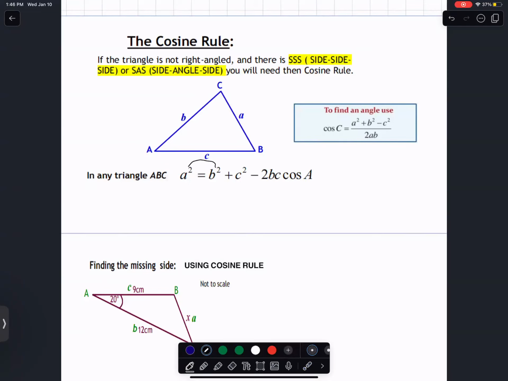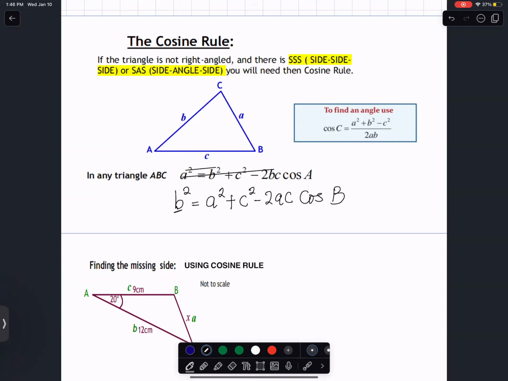We'll just switch places here. The B replaces your A, so I will have B squared is equal to A squared plus C squared minus 2AC cos B, since we are looking for B squared.